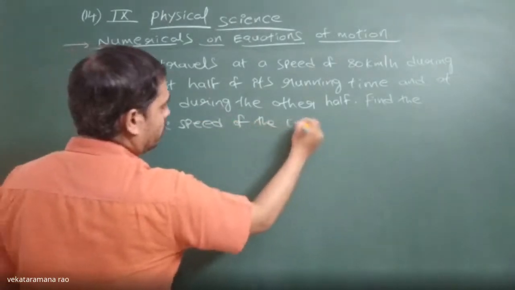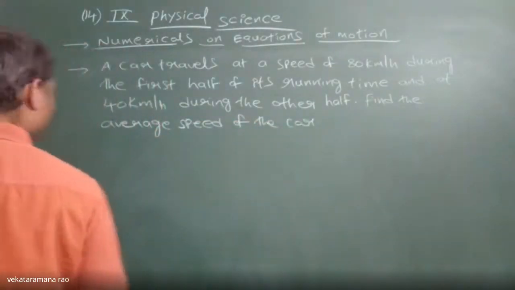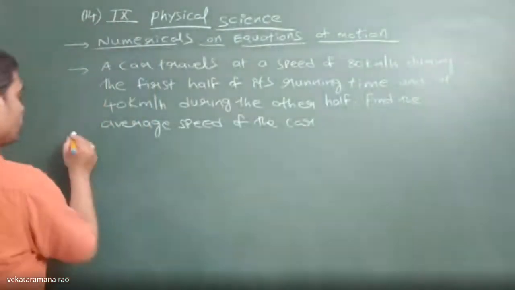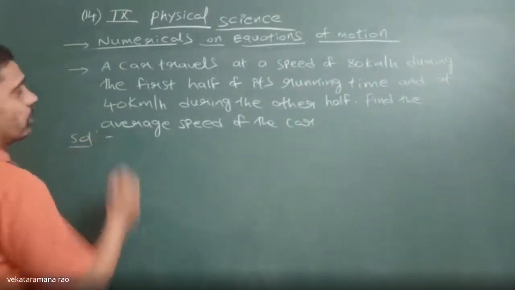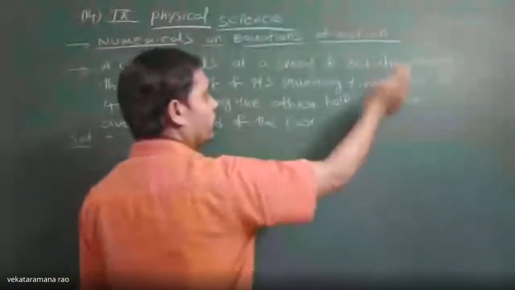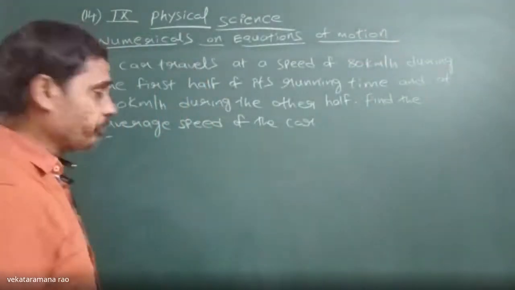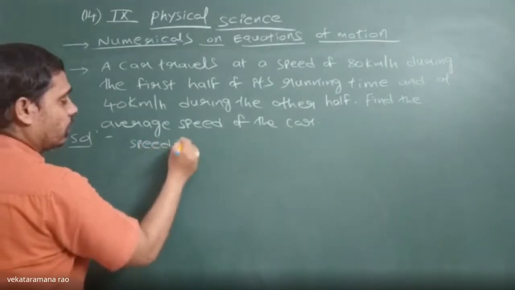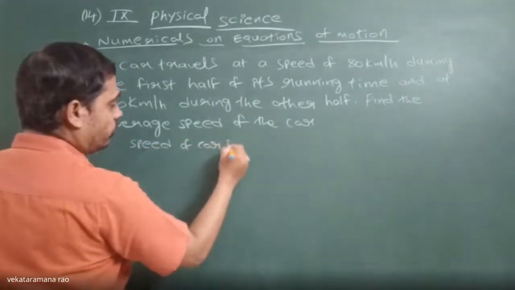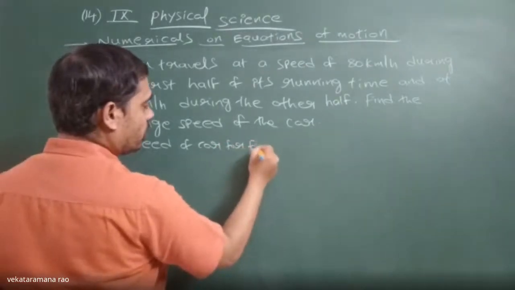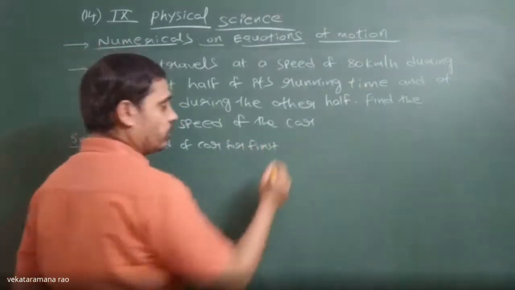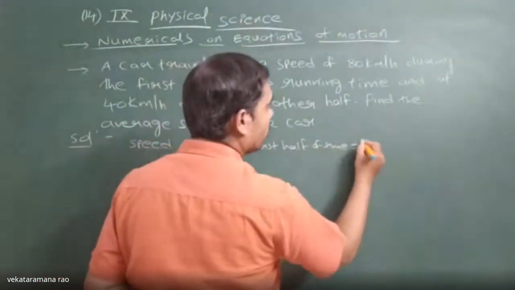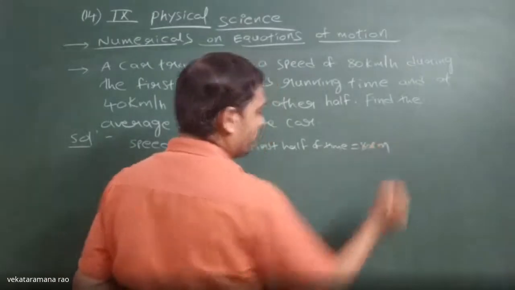We know that what is the average speed formula? Total distance by total time. So we have to find the total distance. Now, with how much speed does it travel? The speed of the car for the first half of the time is 80 kilometers per hour.